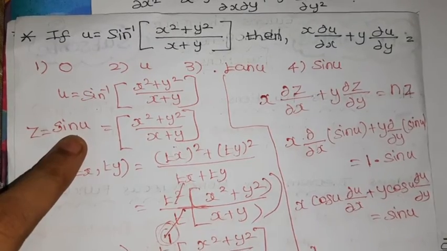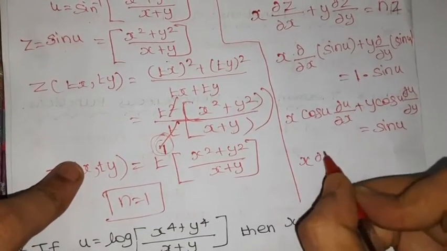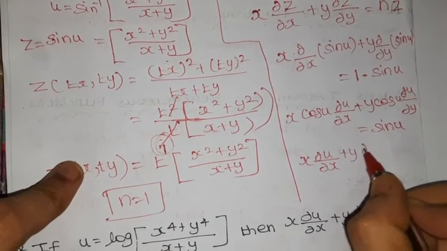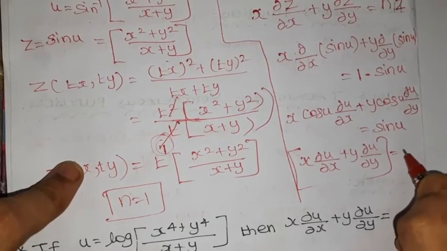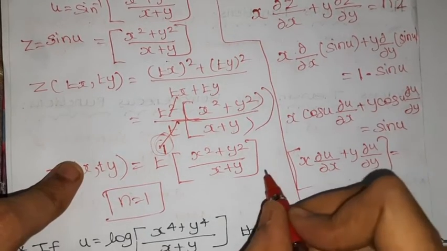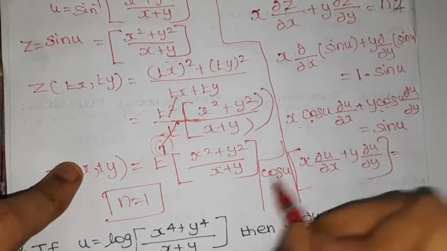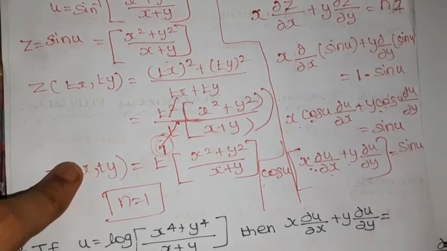Then x dou u by dou x plus y dou u by dou y, equal to, cos u is common. Take cos u as common, then x dou u by dou x plus y dou u by dou y equal to sin u.